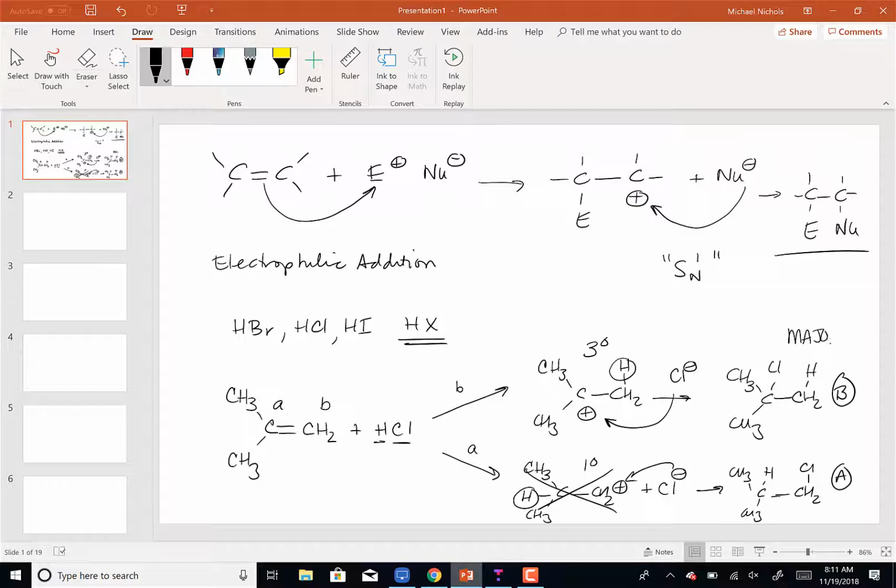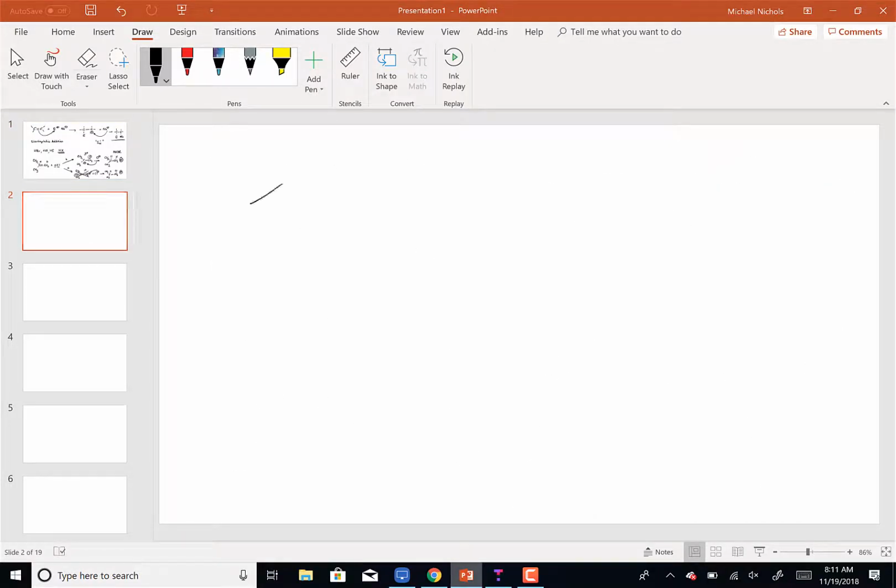Now, this actually has a rule for the reaction of alkenes. And we could go, let's say I had this reaction.